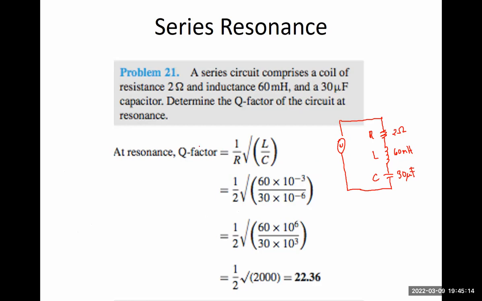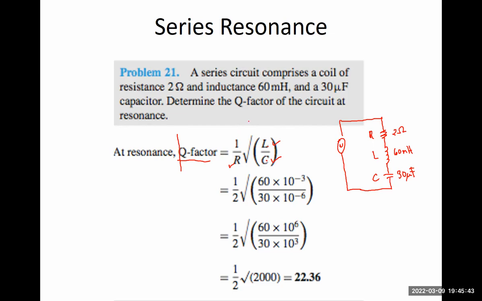Okay, and we are to determine the Q factor. So we all know now that the Q factor is equal to 1 all over R multiplied by the square root of the quotient of L and C. Okay, so from the given, we have R, we have L, and then we have C. Okay, yung 1 naman ay constant. So our ingredients are complete.